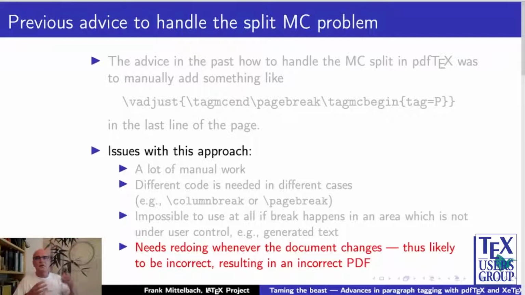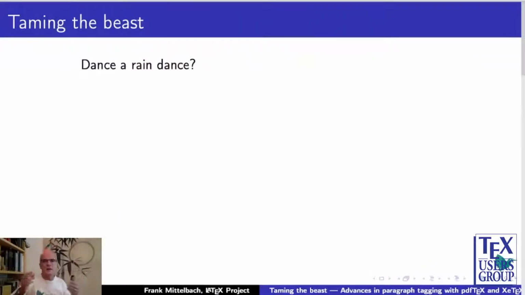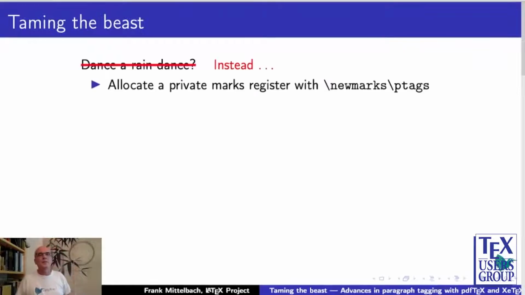Well, we can try a rain dance and just hope we never make mistakes and we do it like we did in the past. Or we could attempt to use XeTeX's extended mark mechanism to communicate between source and page generation.